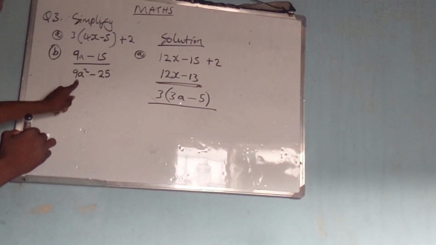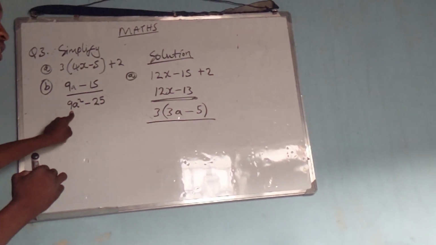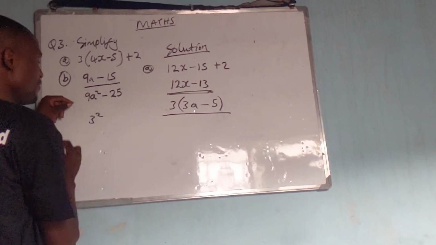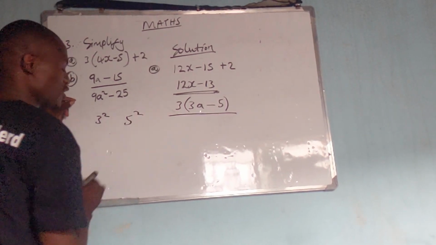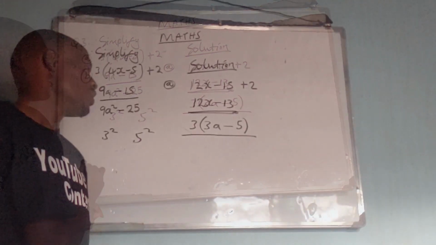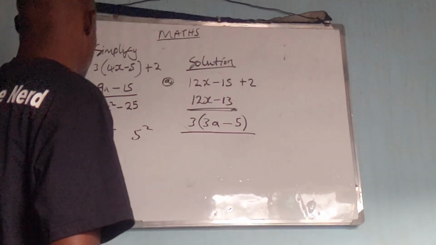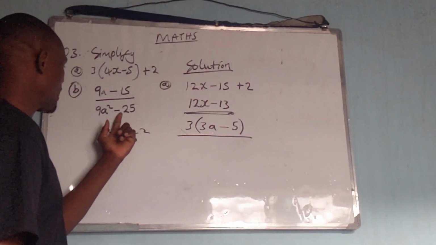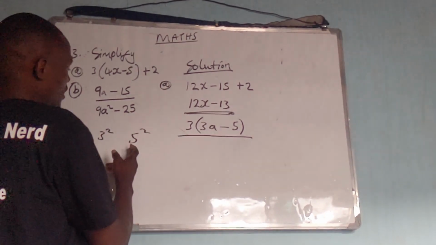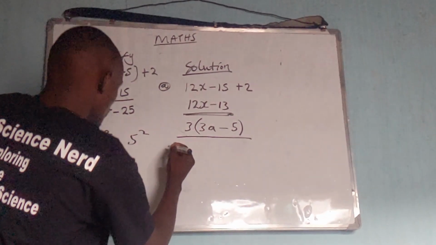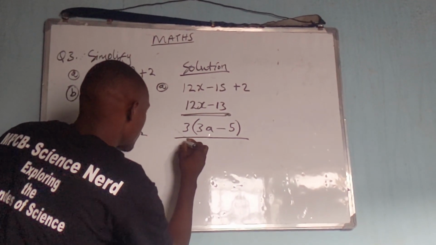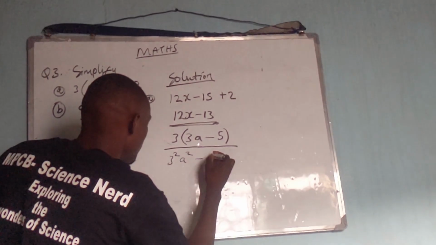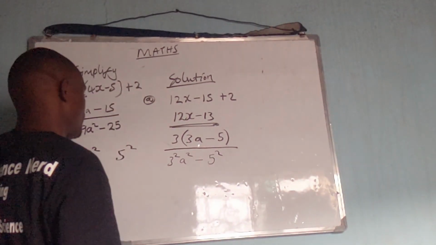We know that this 9 is the same as 3 squared, and 25 is the same as 5 squared. Therefore, we are going to replace 9 by 3 squared and negative 25 by negative 5 squared.